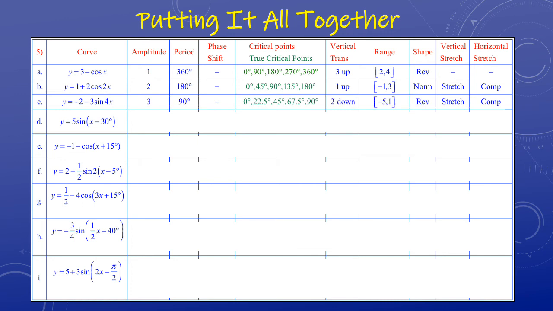In C, we have y is equal to -2 minus 3 sine of 4x. The amplitude is 3, the period is 360 degrees divided by 4, or 90 degrees. There is no phase shift. So the true critical points are 0, 22.5, 45, 67.5, and 90 degrees.